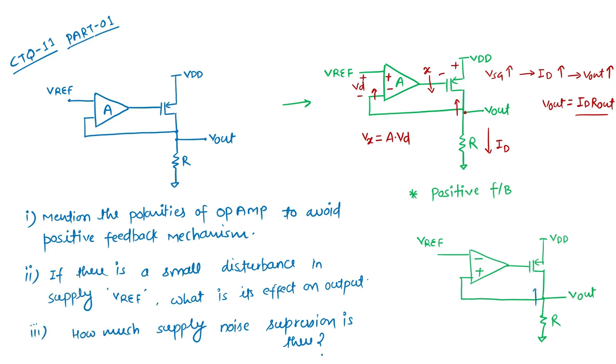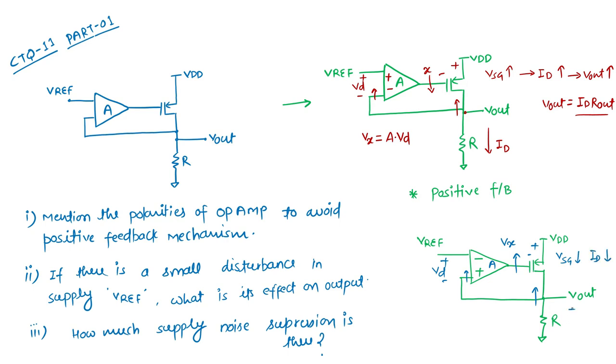Let's say I'm increasing this voltage, so this voltage increasing means this difference voltage is reducing. Now the sign is opposite. Difference voltage reducing simply means this voltage is increasing, Vx is increasing, so VSG is reducing, hence ID is reducing.